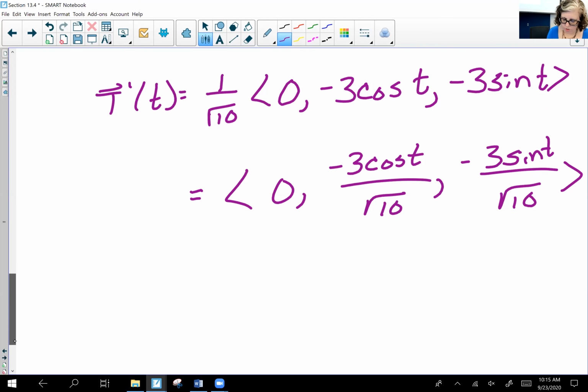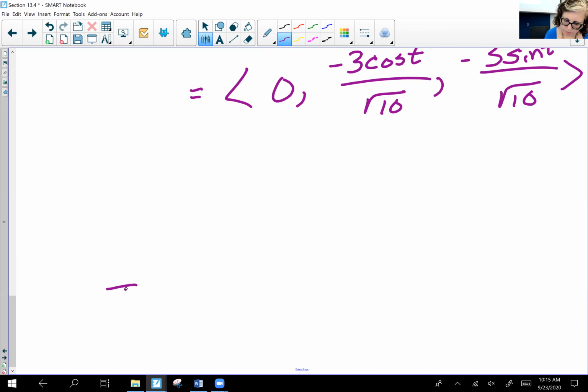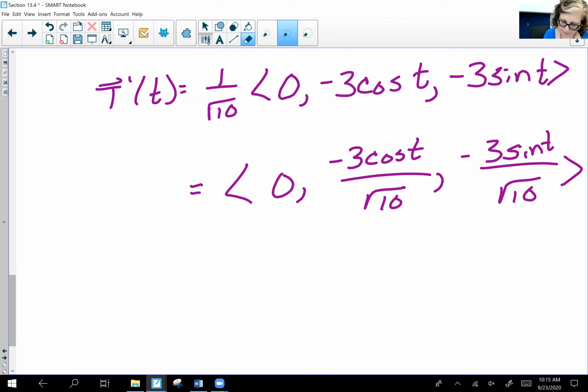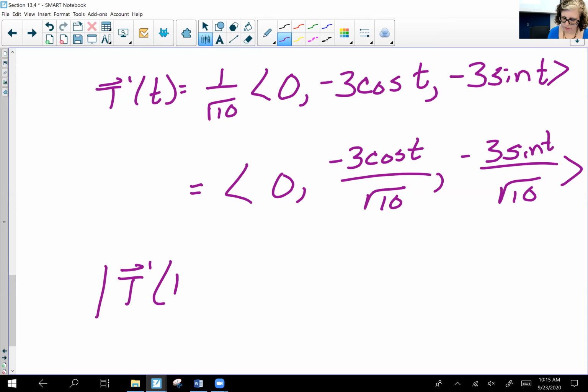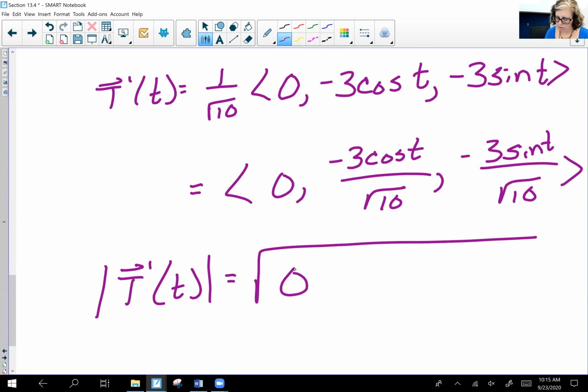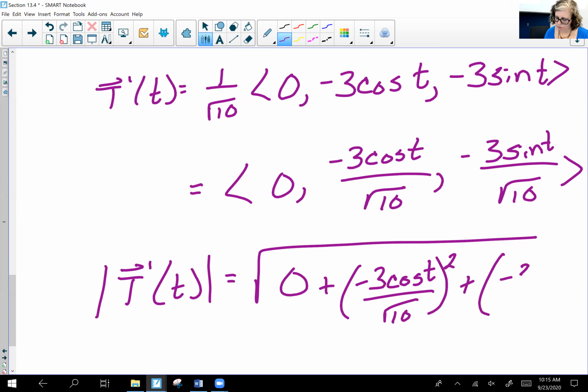Now let's go after our magnitude. We're going to have 0 plus (negative 3 cosine of t over the square root of 10) squared, plus (negative 3 sine of t over the square root of 10) squared.